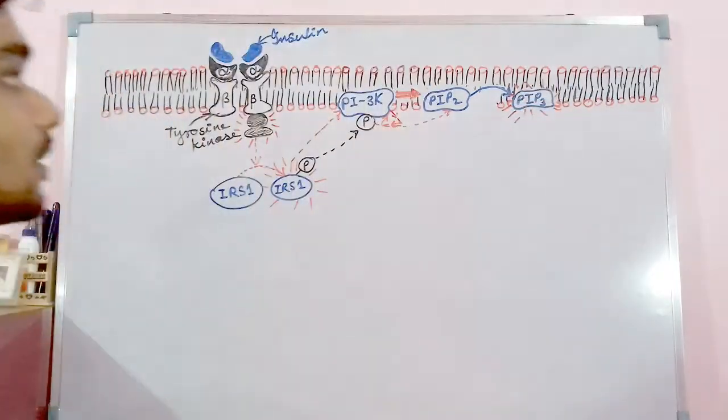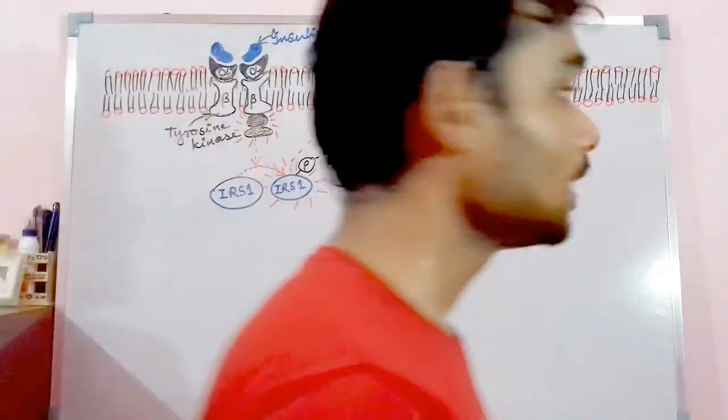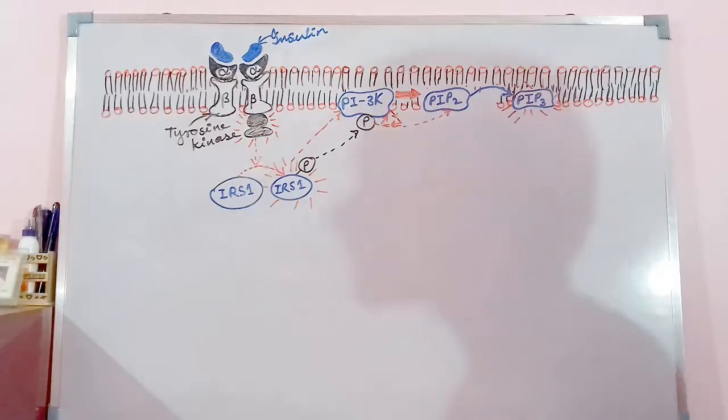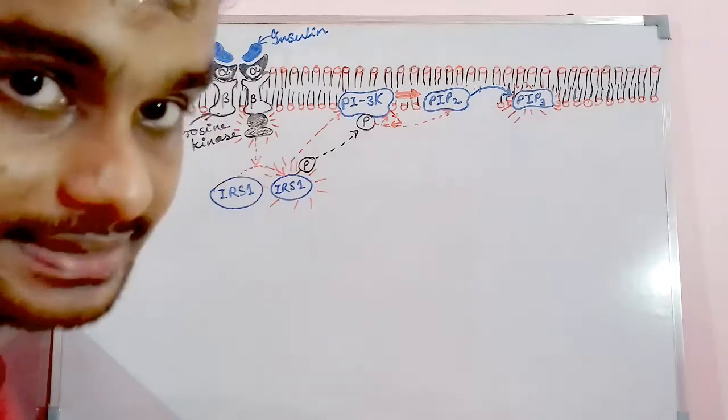Now this phosphorylated phosphatidylinositol 3 phosphate substrate molecule helps in activating another messenger molecule, a kind of protein kinase molecule, which is called protein dependent kinase.